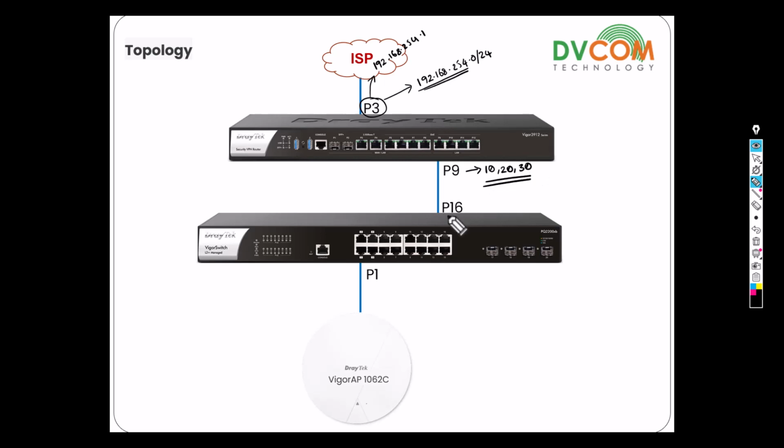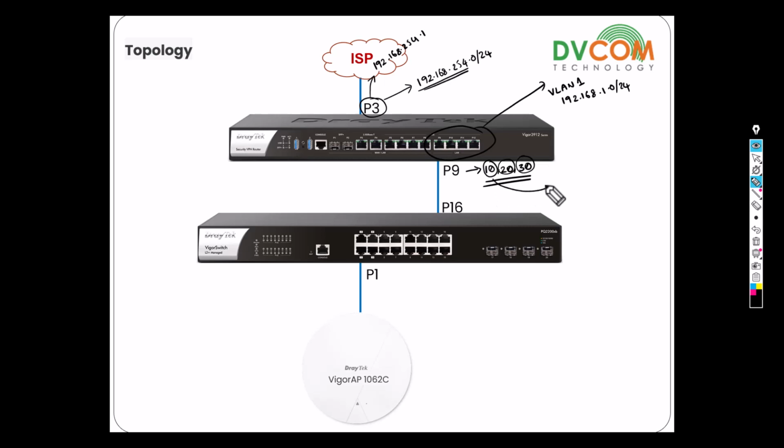Okay, guys. By default, as you know, in the DrayTek router all the LAN interfaces are configured with VLAN 1, which means LAN 1, and the default subnet is 192.168.1.0/24. So now my plan of action is that I want to tag 3 different VLANs, VLAN number 10, 20 and 30.